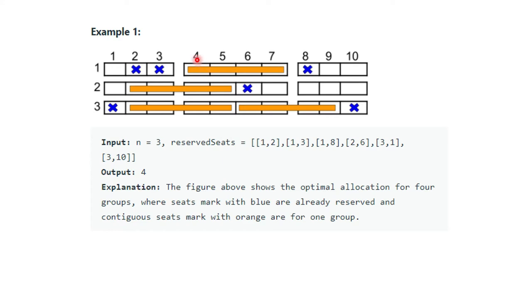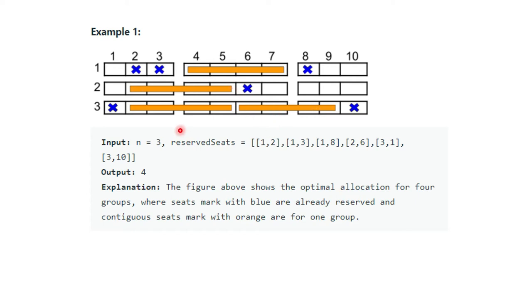The thing is either they can sit from 4 to 7 continuously, or 2 to 3 and then 4 to 5 like this way, or 6 to 7 and 8 to 9. So a family of 4 can sit only in 3 combinations. One is from 4 to 7, or from 2 to 5, or from 6 to 9.